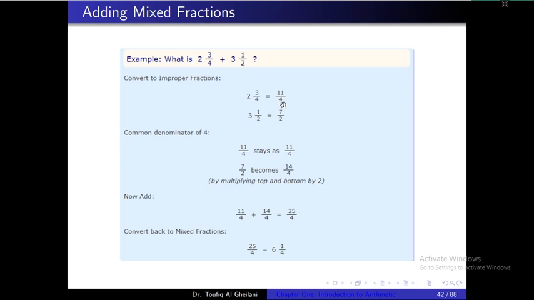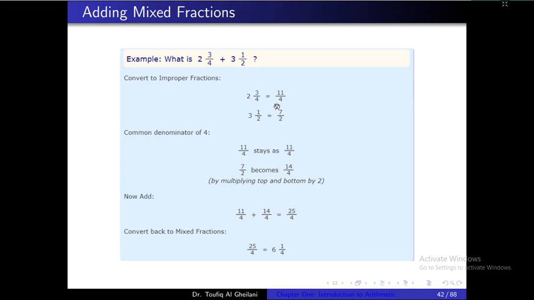We keep the denominator 4, and 2 times 4 is 8, plus 3 is 11. Same for 3 and a half: keep the denominator, then multiply 2 times 3 is 6, plus 1 is 7.